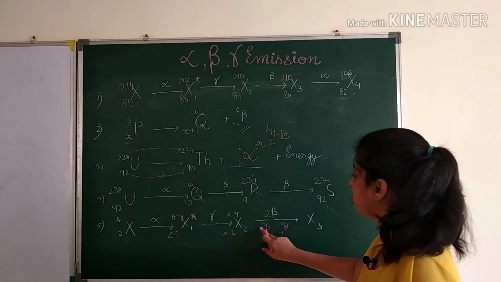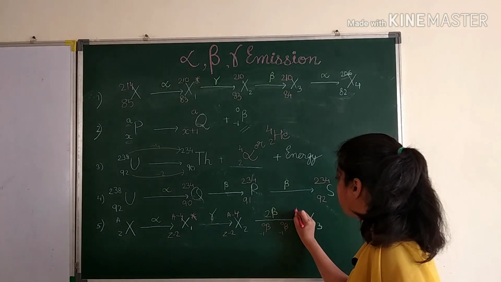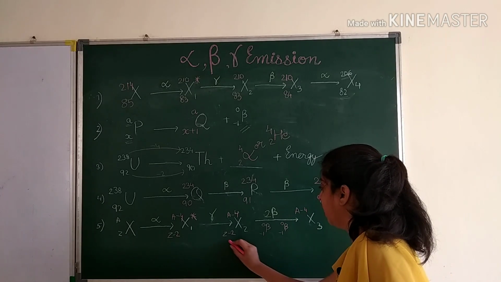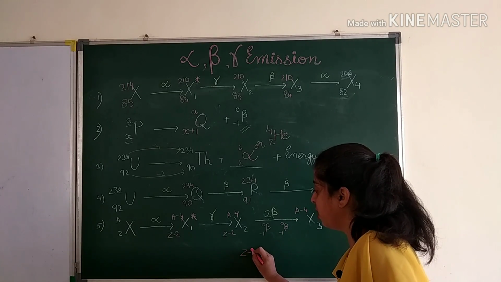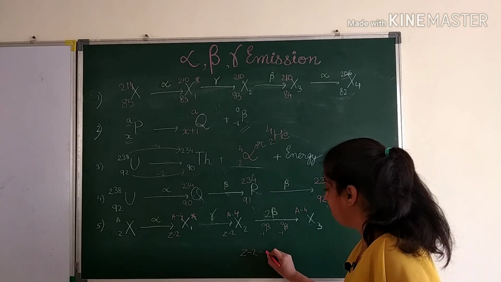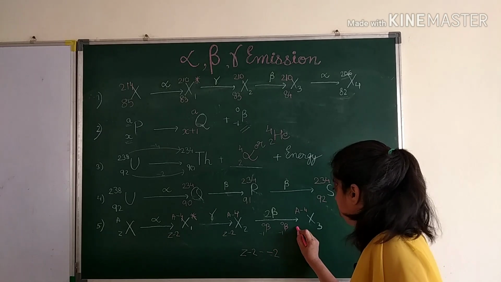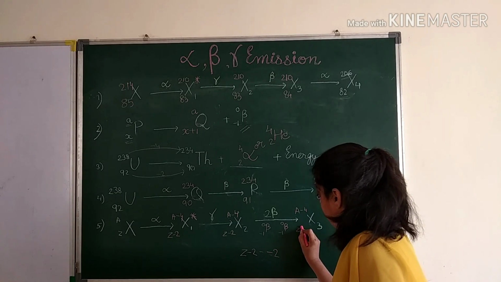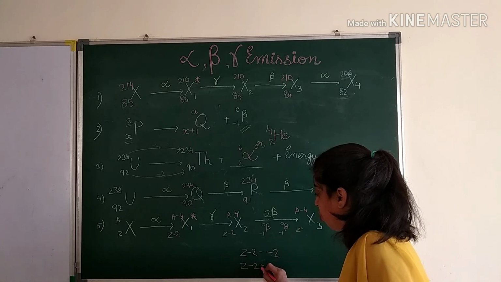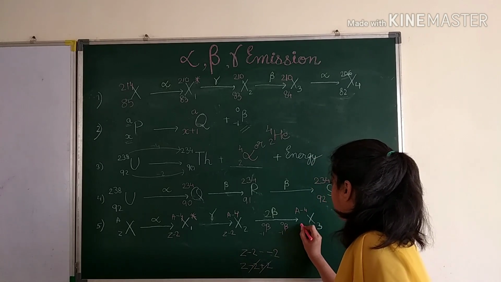So here there is no change because it's 0, so A minus 4 remains same. Here it was Z minus 2, so Z minus 2 minus 1 and minus 1, so minus 2. Minus and minus add. So this becomes Z minus 2 plus 2, so plus and minus get subtracted. So here it becomes Z.